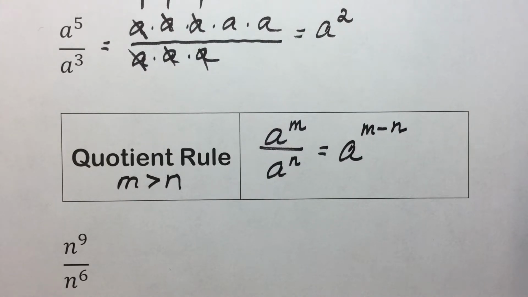Putting that rule into use on this example here, we have common bases. Our numerator exponent is greater than our denominator exponent, so the solution will be the difference of those powers, and we end up with an equivalent n to the third power.